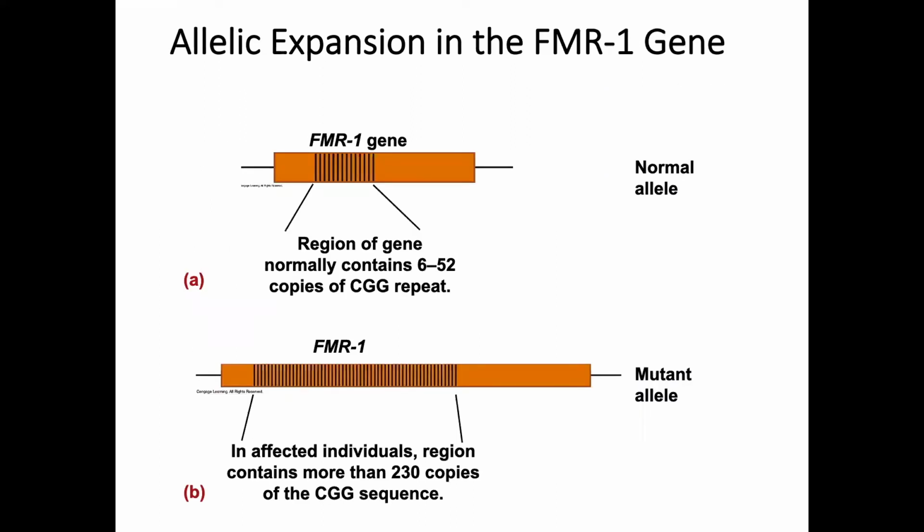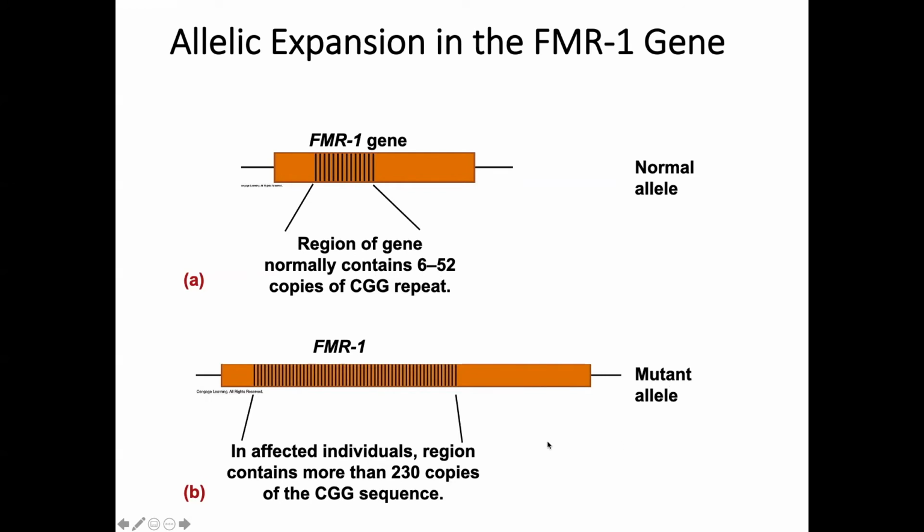This slide shows the allelic expansion in the FMR1 gene at the Fragile X locus, okay? So A showing here is the normal allele. This gene normally contains about 6 to 52 copies of the CGG trinucleotide repeat. But then what happened, showing in B, is the mutated allele, okay?